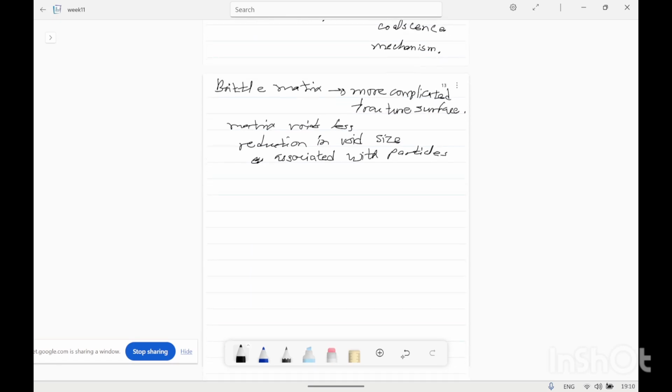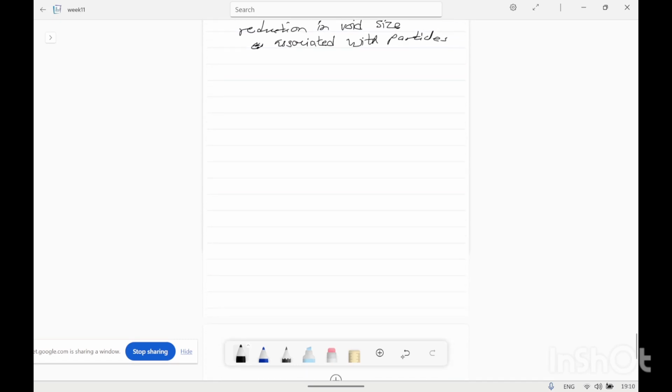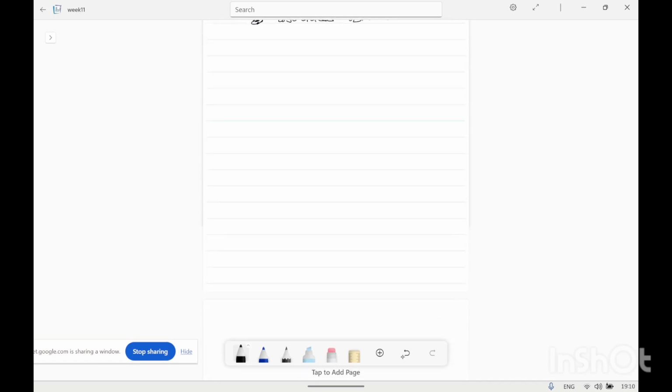So this is the fracture behavior in the composite. Now we will study the fatigue behavior in composite materials. So what is fatigue in materials?